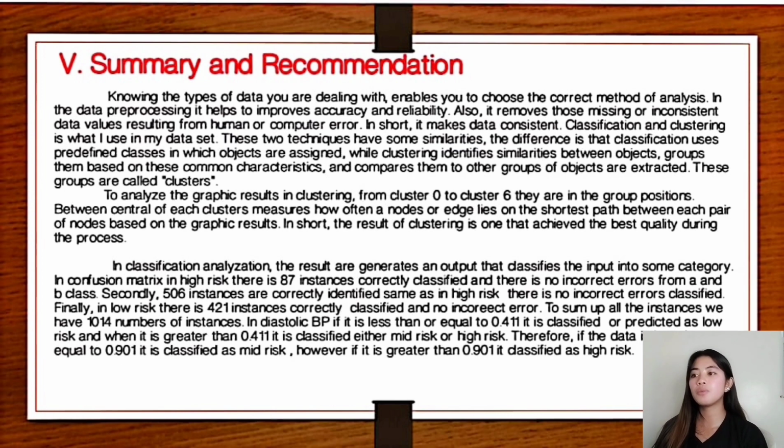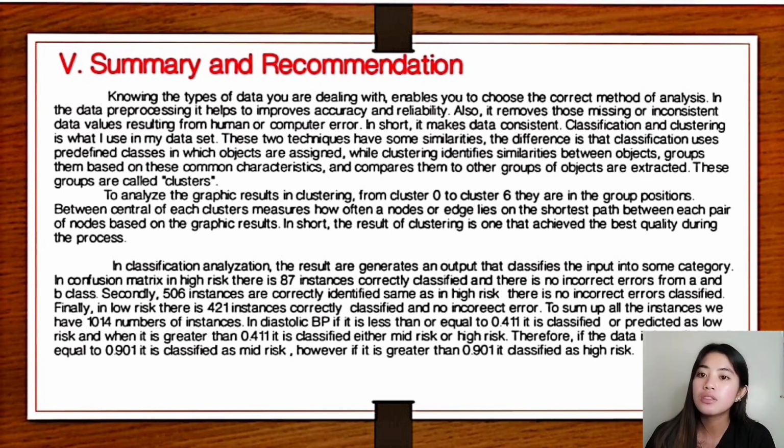So, summary and recommendation. Knowing the types of data you are dealing with enables you to choose the correct method of analysis. In data processing, it helps to improve accuracy and reliability. Also, it removes missing or inconsistent data values resulting from human or computer error. In short, it makes data consistent. Classification and clustering are what I use in my dataset.